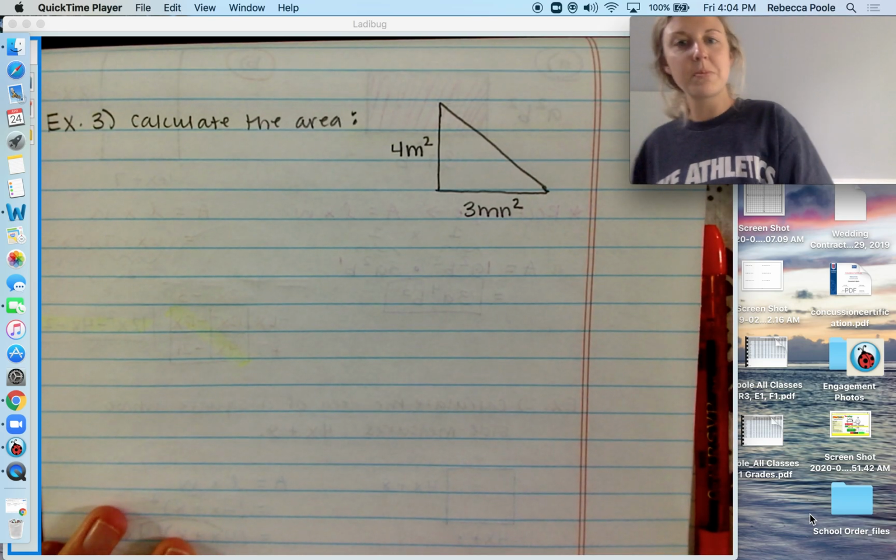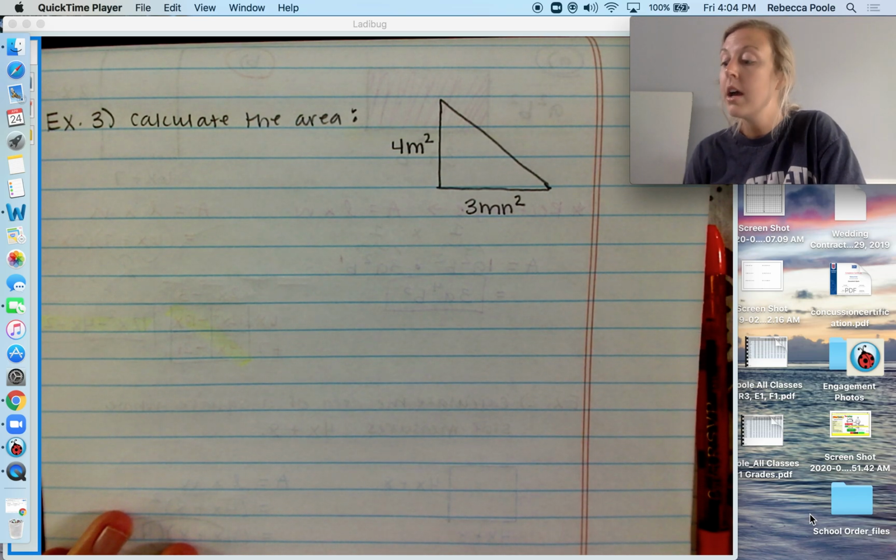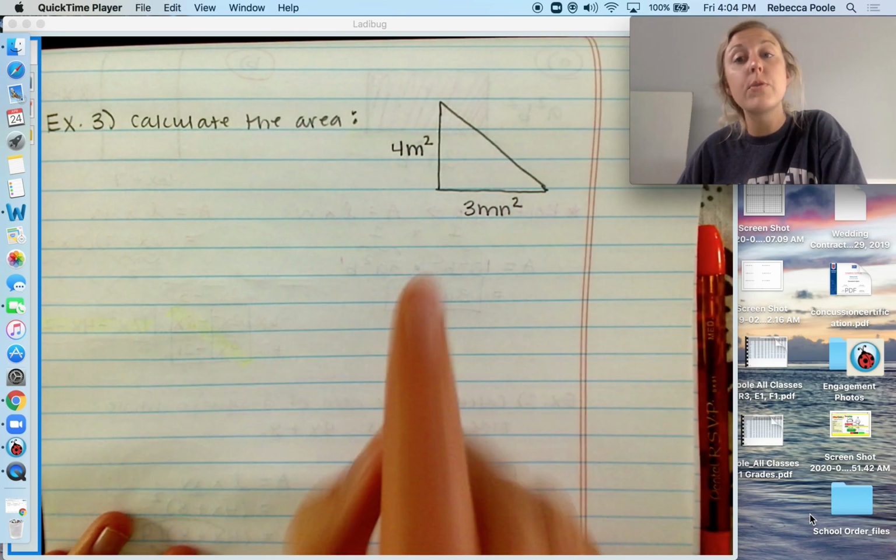New shape. That should make y'all excited, right? Some of you are like, oh, no. Okay, calculate the area. The shape I gave you is a triangle.